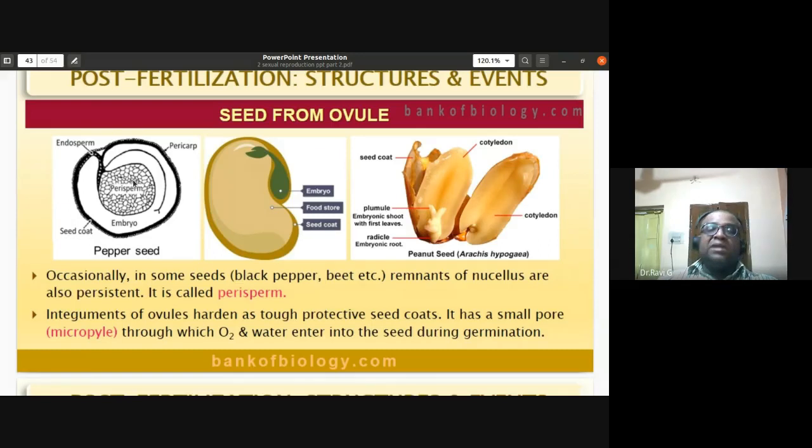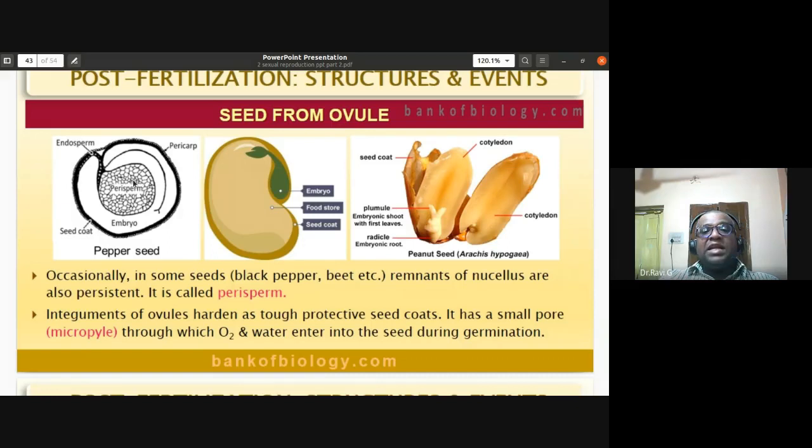The persistent remnants of nucellus we call perisperm. We asked this question in NEET. So remember this, which is noticed in pepper seed.